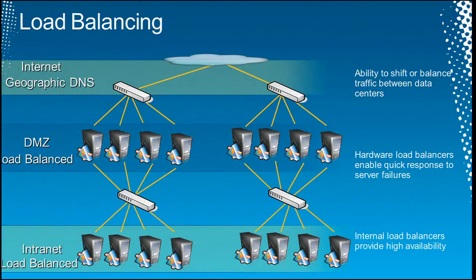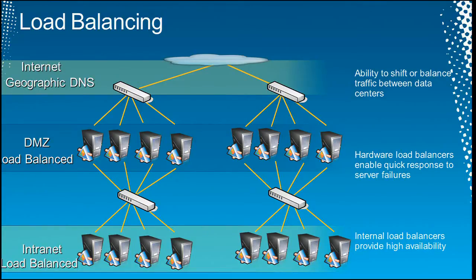So this is what our load balancing scenario looks like. And this is how we effected all of those different requirements. So we start with our internet-facing DNS, so my Federation server proxies. We have geographically dispersed DNS, which allows us to meet the first requirement of users must hit their local farm.